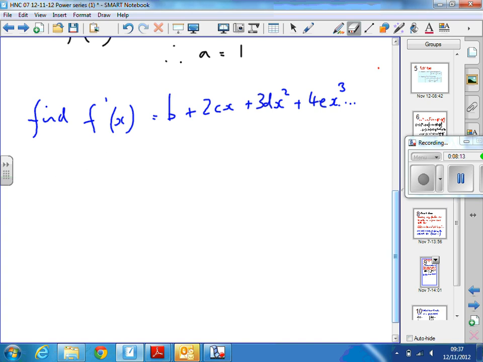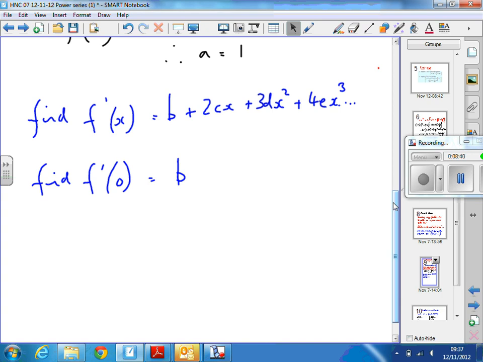Let x equals 0 and find f prime 0. What's the differential? And so then f prime 0 equals b, because all the other terms have gone again. The x is a 0.